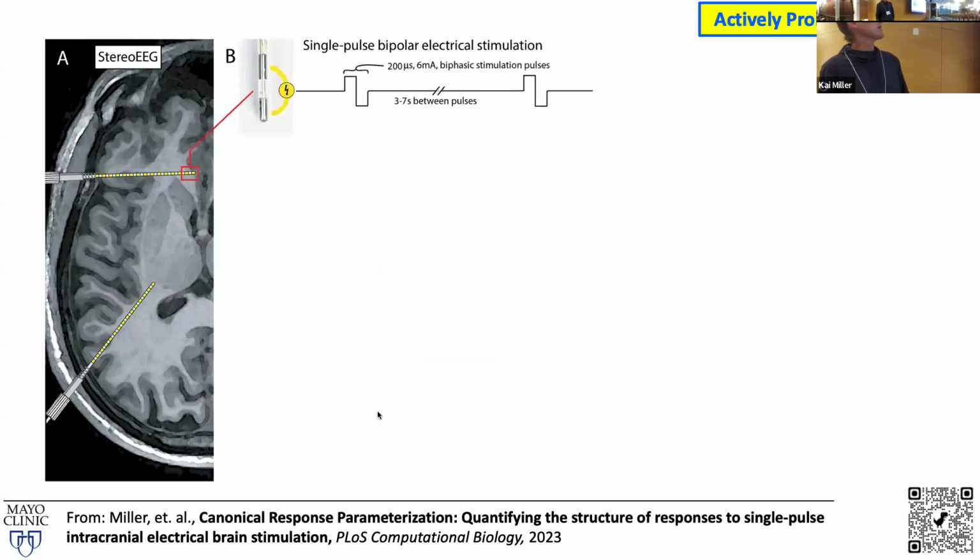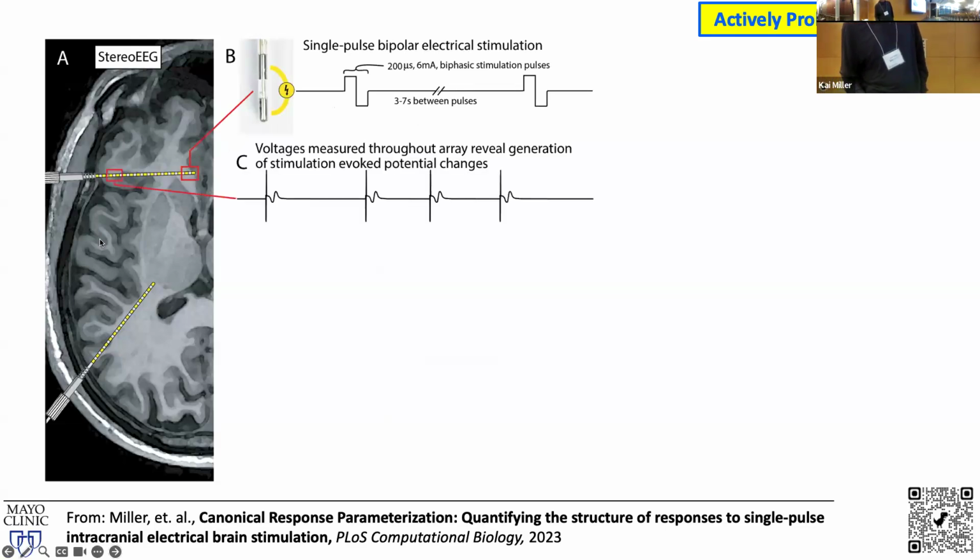For these stimulation evoked potentials, what we do is we deliver biphasic pulses of electrical activity and give several seconds in between. We might deliver a pulse here, and then we measure a set of responses from that pulse out in another site. And we might measure a different set of responses at some other site.